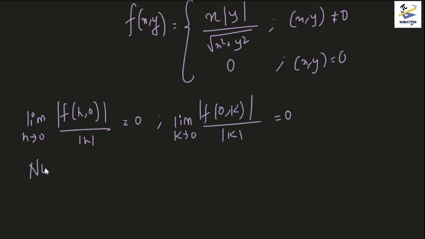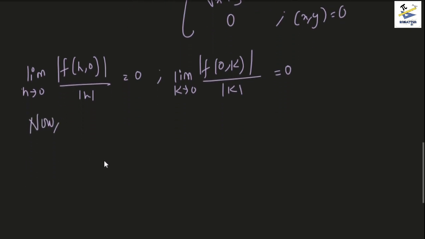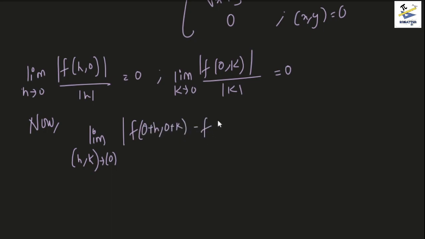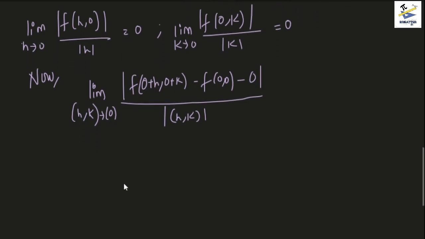Now the limit divided by root over h square plus k square, as h comma k tends to 0, should be equal to 0, and that's what we are required to prove. It should be 0 exactly.